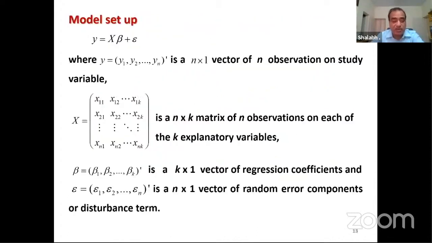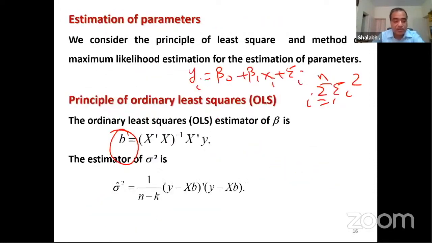Beta, the way you have defined it here, is a vector quantity beta 1, beta 2, beta k. Similarly, this B is also a vector B1, B2, Bk. So B1 is going to give us the value of beta 1, and Bk is going to give us the value of beta k.